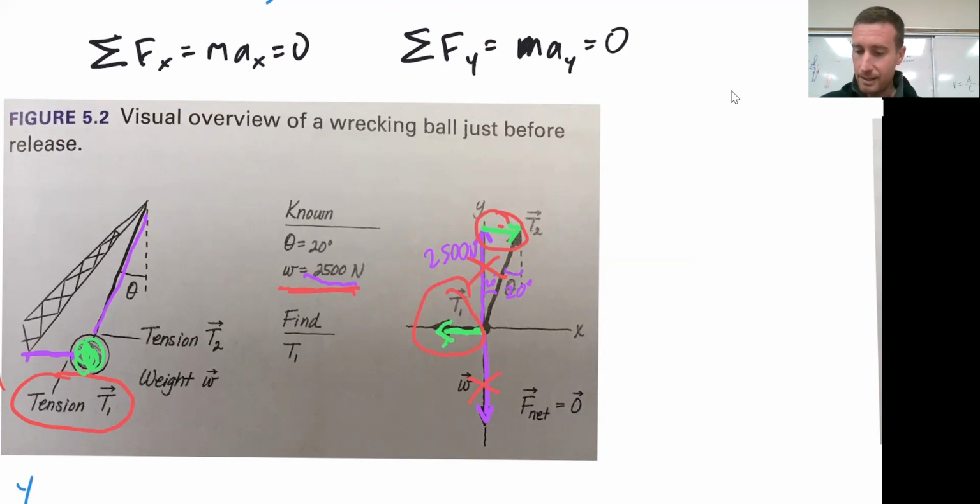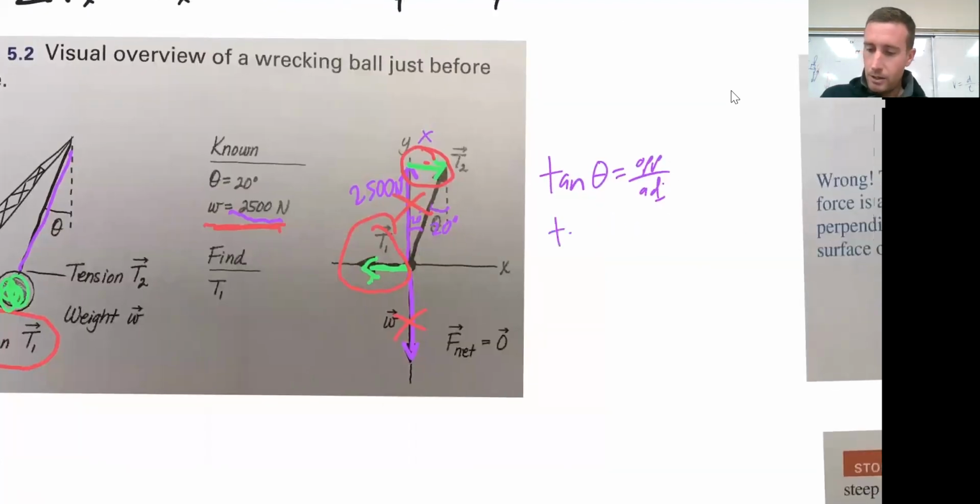I need the part that is opposite to the angle, and I have the adjacent. So the tangent of theta is equal to opposite over adjacent. The tangent of 20 is equal to x over 2,500 newtons, so x equals 2,500 tangent of 20.